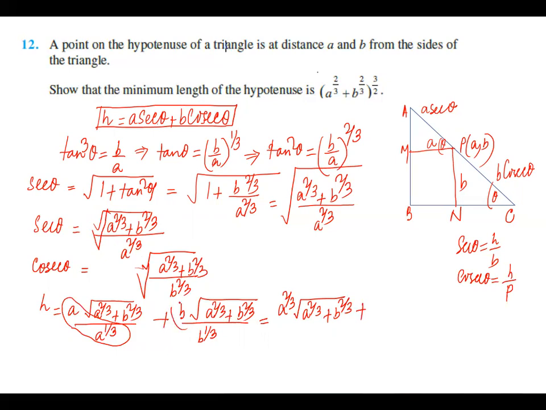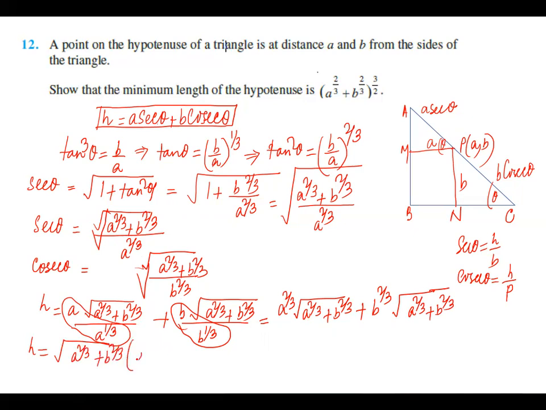Similarly, for the second case, you will simplify b to the power 2 by 3 under root a to the power 2 by 3 plus b to the power 2 by 3. Now what can I take common? I can take the whole square root common. So a to the power 2 by 3 plus b to the power 2 by 3.